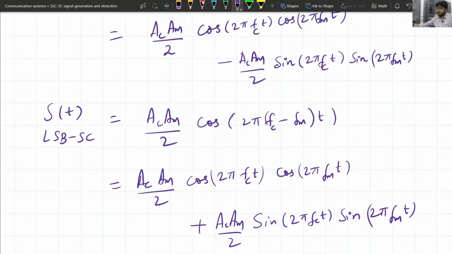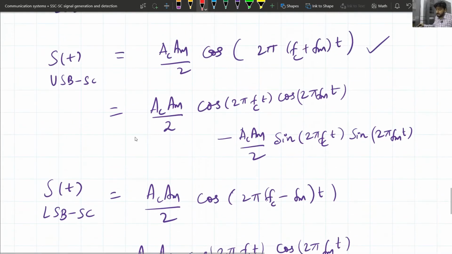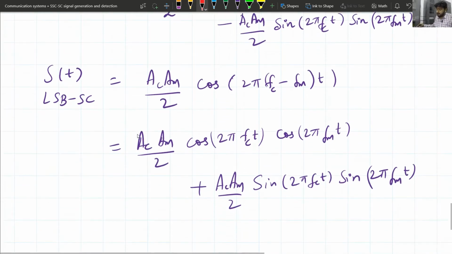The only difference between the LSB and the USB equations is the sign. For USB the sign is minus, and for LSB it is a plus sign.